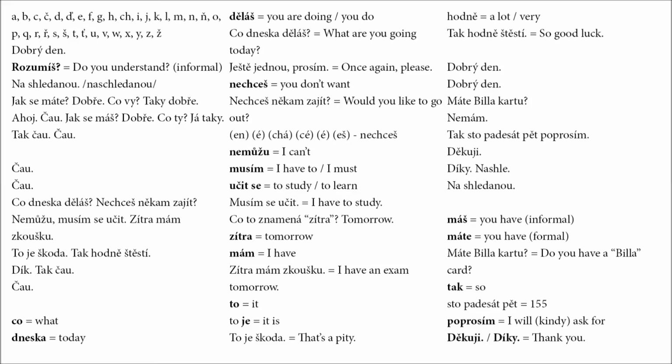M for myself, sh for you, and with the other two, there's no m for myself, but there still is the sh for you. So with you, there's always sh. With myself, with most or half at least, there's the m. So, co dneska děláš?